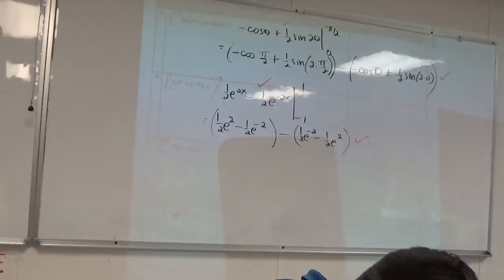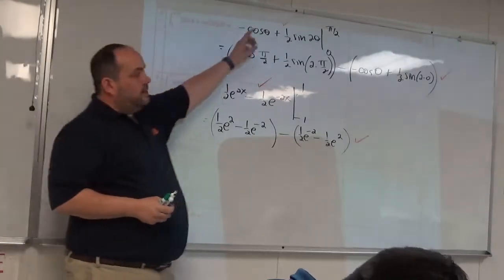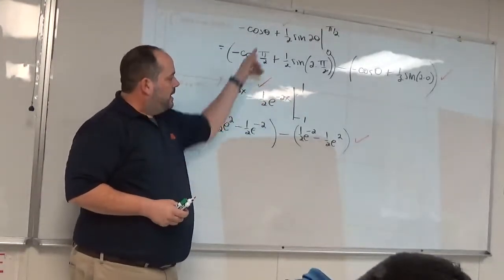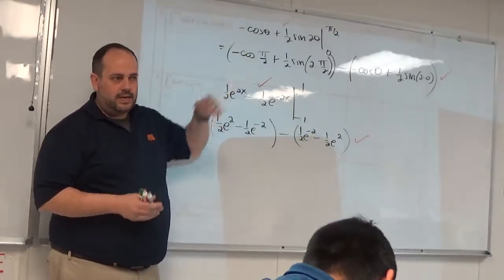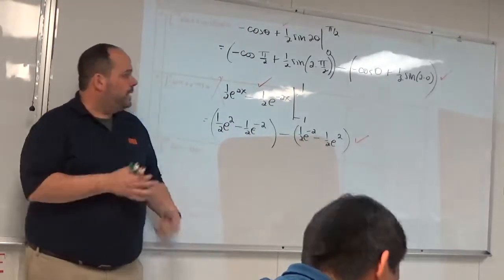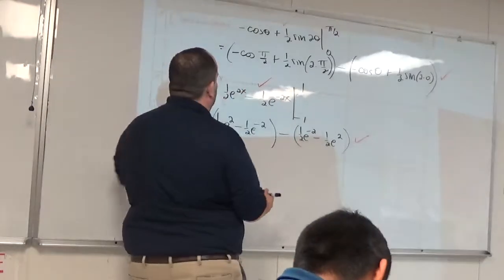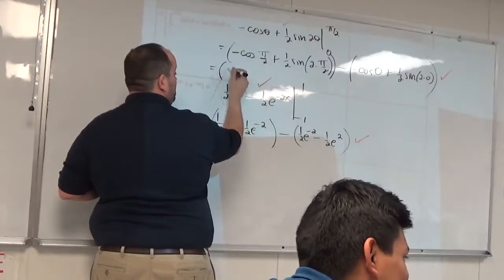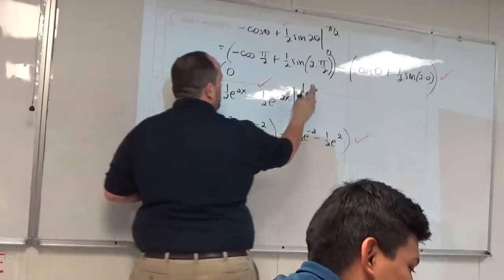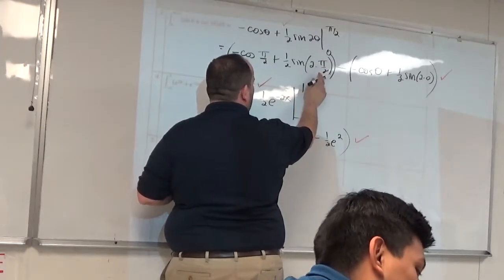Okay, how many guys got both the antiderivatives and both of the plugins? A couple of folks, not nearly as many as I was hoping for. Okay, if you went and you simplified this guy further, well, you need to know that cosine of pi over 2 is 0. 2 times pi over 2 is pi.